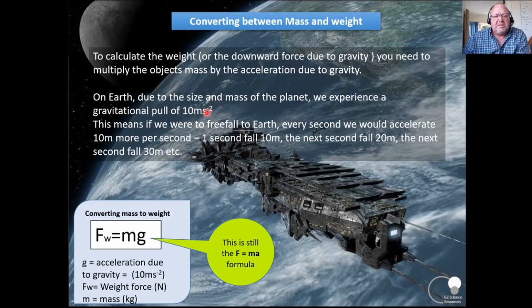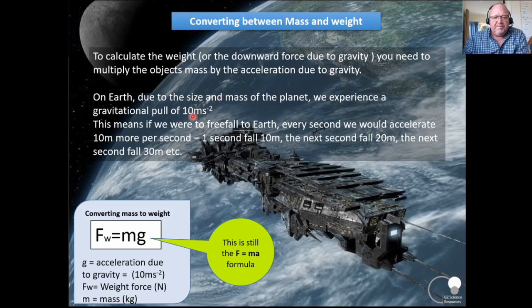You'll be going 10 meters a second faster for every second that you are falling. At the end of the first second, you will be going 10 meters a second. For the second second, you're going to go another 10 meters a second faster. So at the end of the second second, you're going to be going 20 meters a second. Do you understand? That is what this refers to.